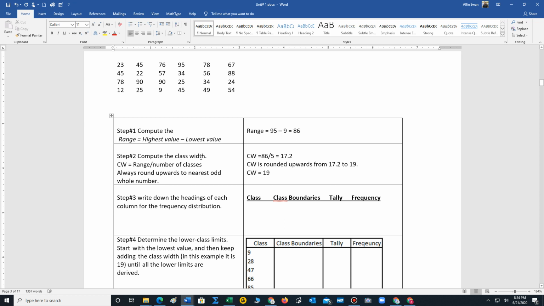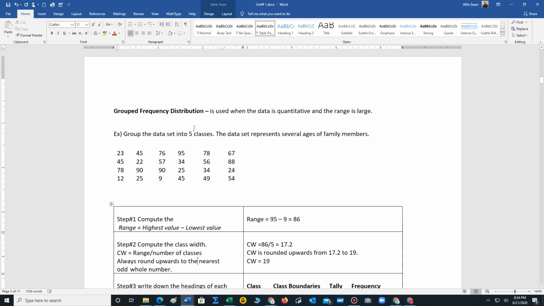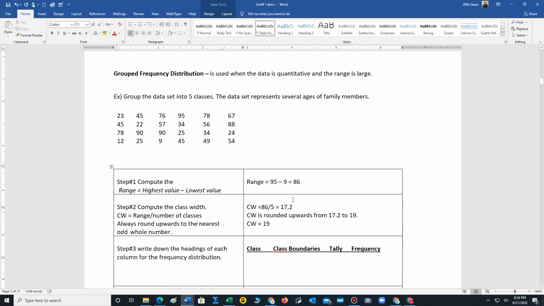Step 2, we compute the class width. The class width is the range divided by the number of classes. Always round upwards to the nearest whole number, odd whole number. So we take 86 and we divide by 5, because remember, they want 5 classes.